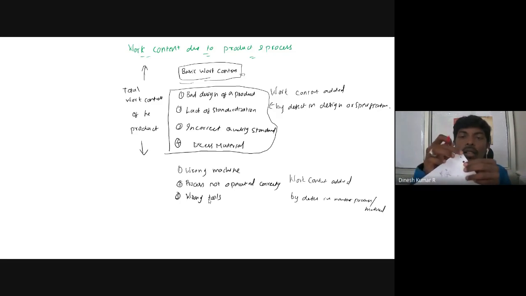This is also a hole. So the excess work content added by defect in manufacturing process, here you are using a wrong tool. Instead of a punching machine, you are using this pointer to create a hole. At the end you are creating a hole, but you are using a wrong tool, which is again going to add some work, because with a punching machine it creates a hole.